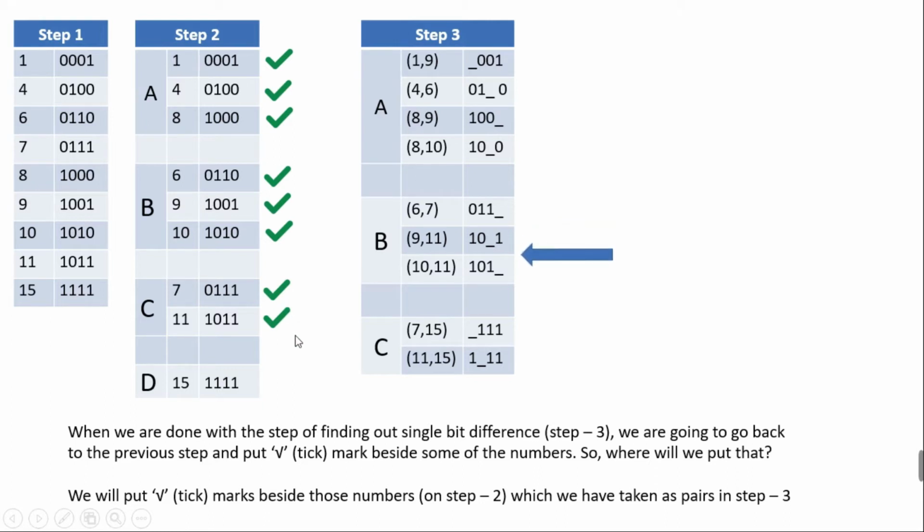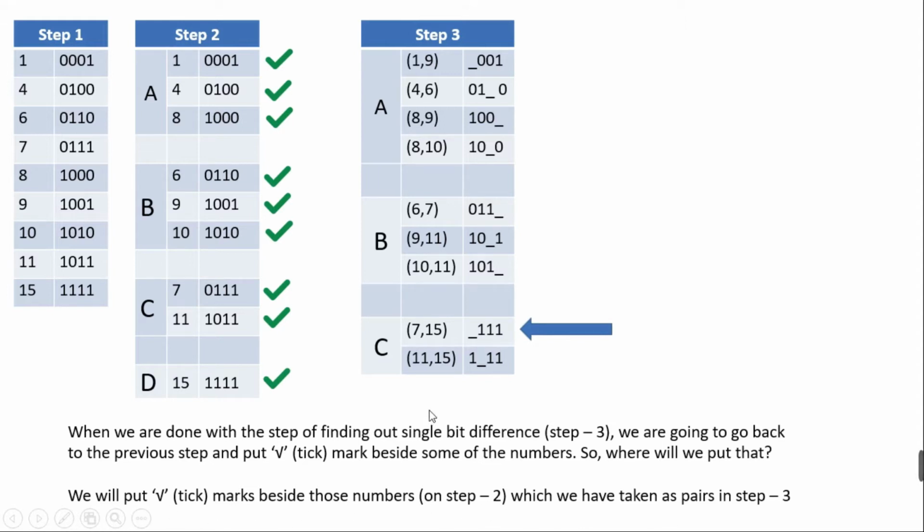Alright, so what we're doing right here is that whenever we're checking a pair, so like for example this pair is actually 7 15 right over there, and we're gonna go back to step 2 and we're gonna put tick marks on both 7 and 15. So the 7 was already ticked before, so that's why we have not touched it again, but the 15 was not, so we just put a tick beside 15 over there. Okay, so this is what we're saying right over here on this rule.